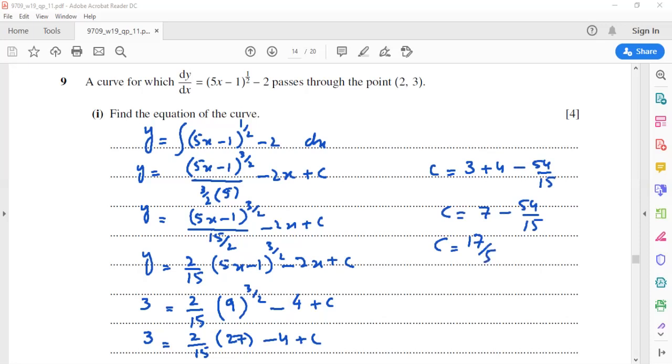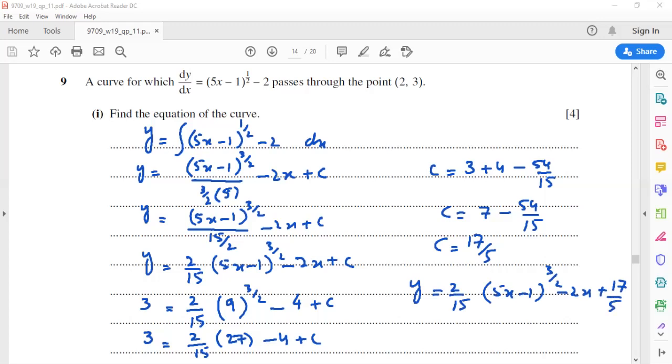So by placing this value of c over here, we can find y is equal to 2 over 15, (5x minus 1) power 3 over 2 minus 2x plus 17 over 5.